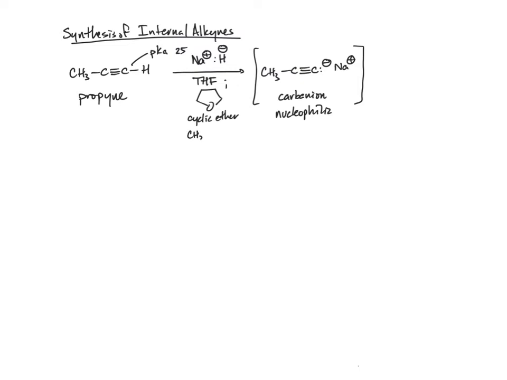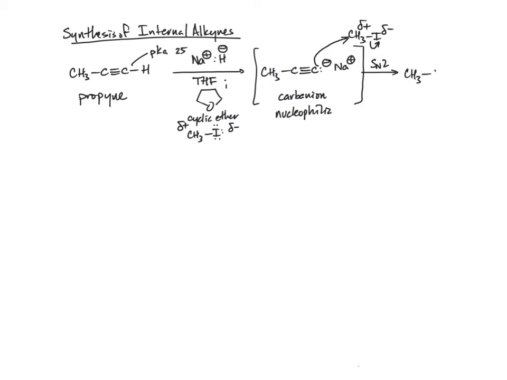So say we're adding methyl iodide as our electrophile. We know the iodide's delta minus, the carbon's delta plus. And so this is just going to do an SN2 reaction that we've seen in the prior chapter. So the nucleophile attacks the electrophile. The leaving group leaves, so SN2 mechanism.